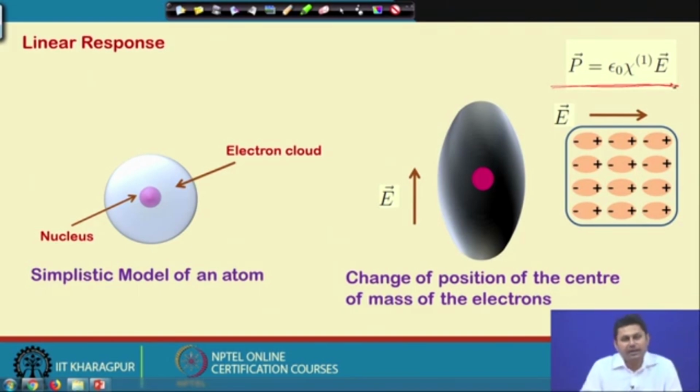That means I am launching an electric field to the material, and as a result the electron cloud is shifting. When the electron cloud shifts, there is a change of the position of the center of mass of the electron, and a tiny dipole is generated.